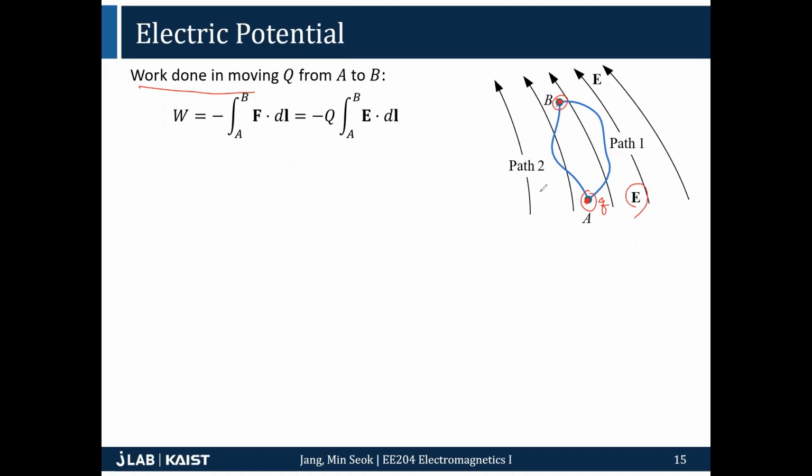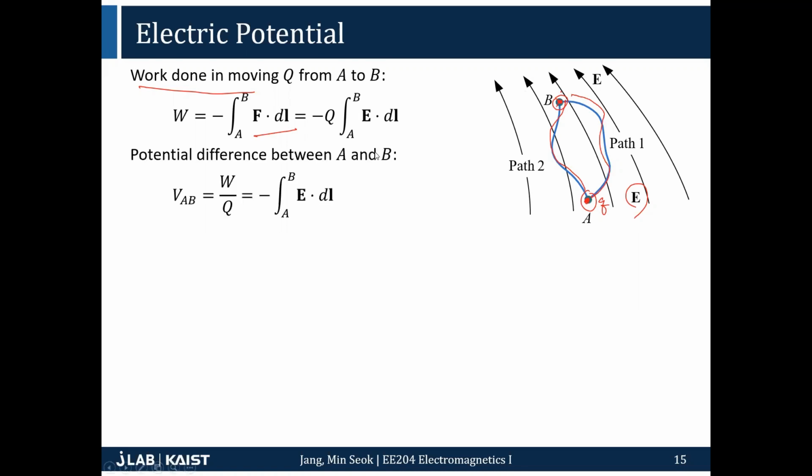In order to obtain that value, you have to take the integration of F dot dl from A to B. And you have multiple choices in terms of path. You can go from A to B through this path or that path or whatever path. There are an infinite number of paths.